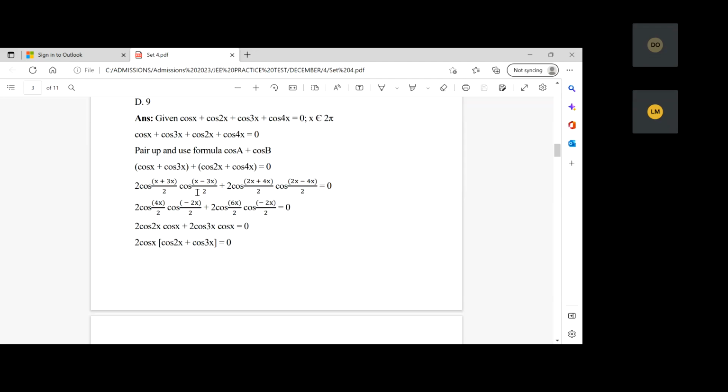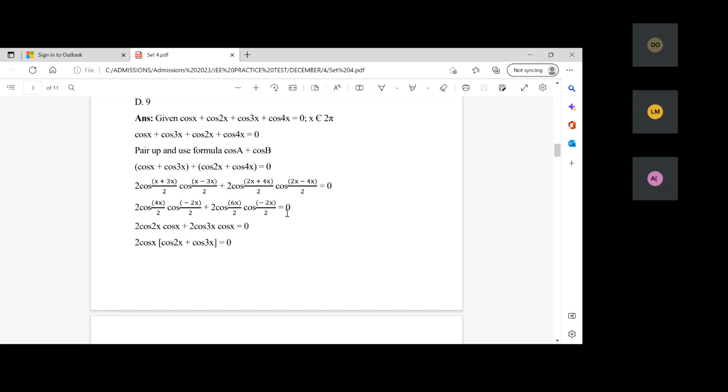So substitute it here. Here it will be 2 cos (x plus 3x)/2 cos (x minus 3x)/2, plus 2 cos (2x plus 4x)/2 cos (2x minus 4x)/2. So this will be 4x, this will be minus 2x, this will be 6x, and this will be minus 2x, divided by 2.